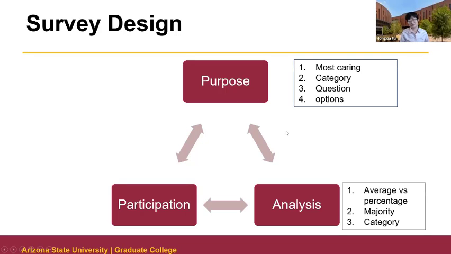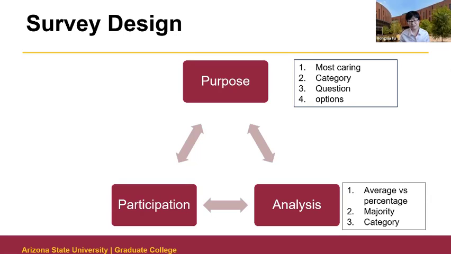For the purpose section, I like to say, just ask yourself again, what do you really care about most for this survey? When you are really clear about your survey purpose, then you go to the categories, what categories can help you answer your questions.